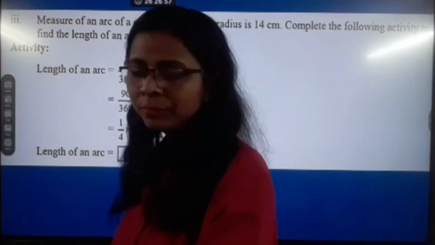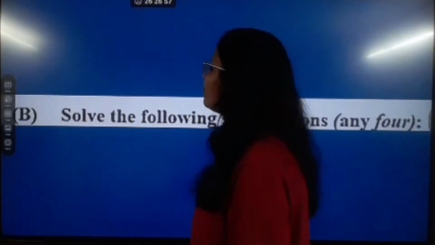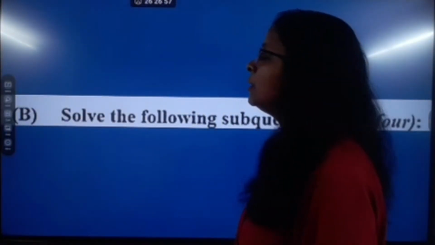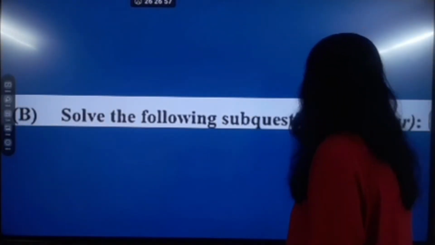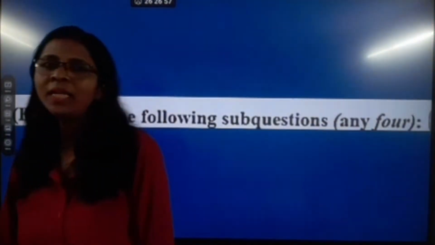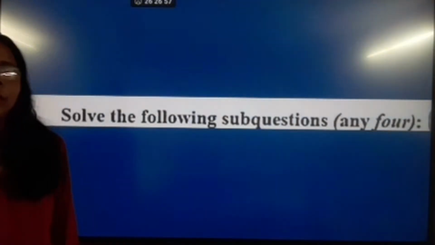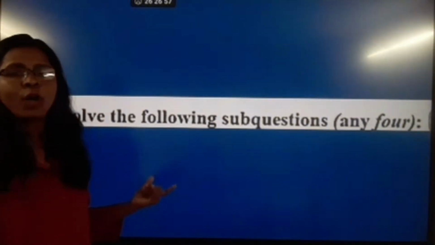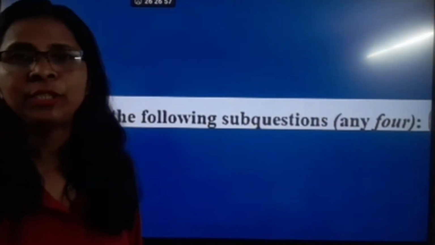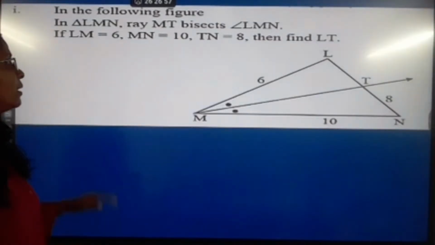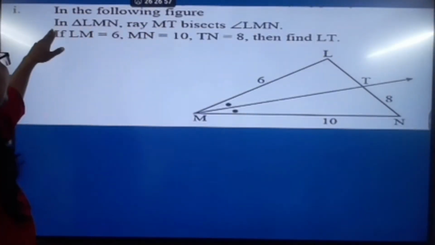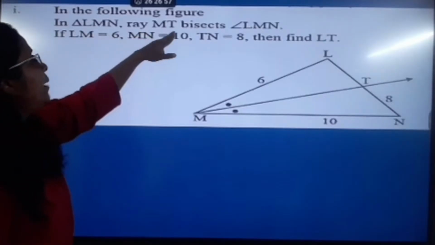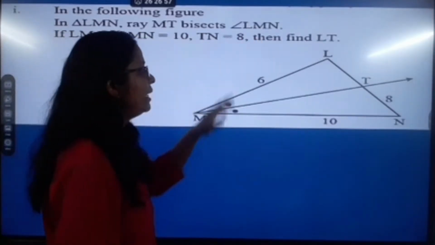Then next example. Next example is for question 2B, and that is solve the following sub questions, any 4. Okay, there are 5 questions and you have to solve only 4 questions. So let us see the first example. In the following figure, in triangle LMN, ray MT bisects angle LMN.